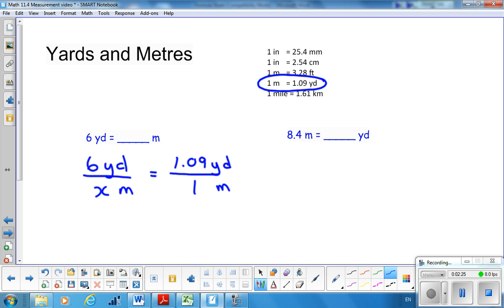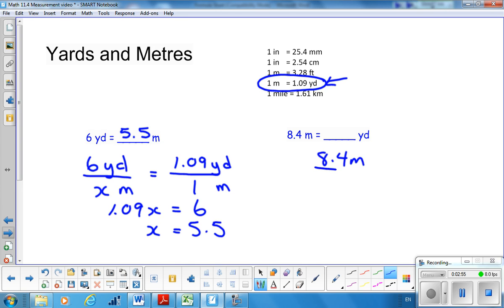Cross multiplying gives me 1.09x equals 6. So I'm going to have to divide 6 by 1.09. Gives me x being 5.5 meters. Now all of these values are approximate because these conversion factors are also approximate.